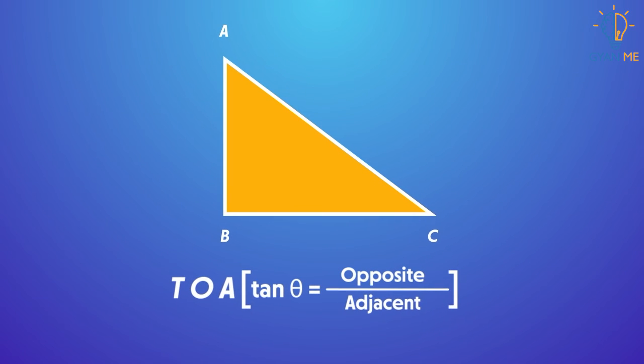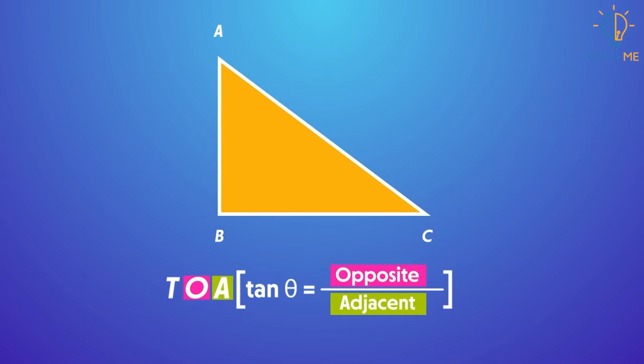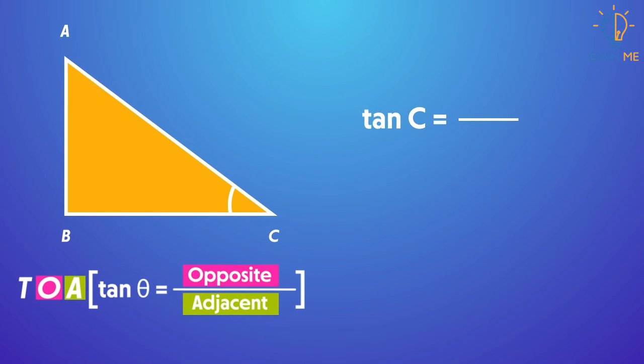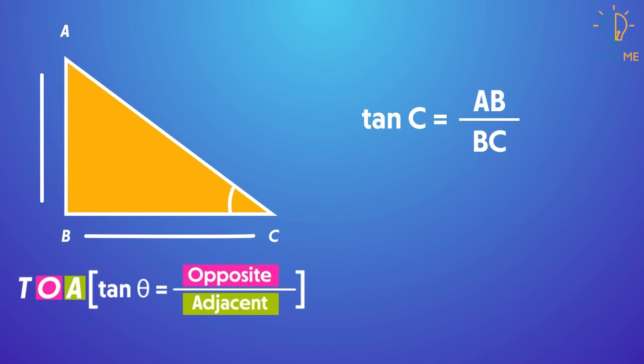Similarly, the tan of any angle, that is, the tangent of any angle, is the ratio of opposite to the adjacent side. Here, for angle C, AB is the opposite side and BC is the adjacent side. Therefore, tan of angle C will be AB upon BC.